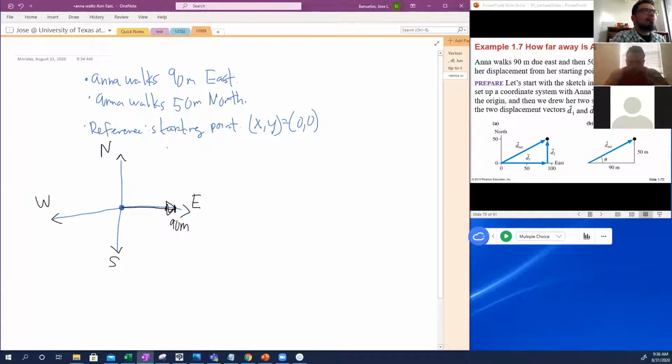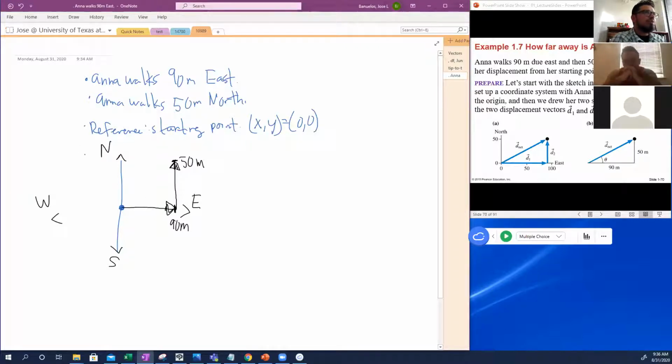Then it says she's going to walk 50 meters north. So that's going to be another arrow. From the tip of the first arrow, we start a new vector that goes northward. This vector has a distance of 50 meters and it's pointing upward and north.